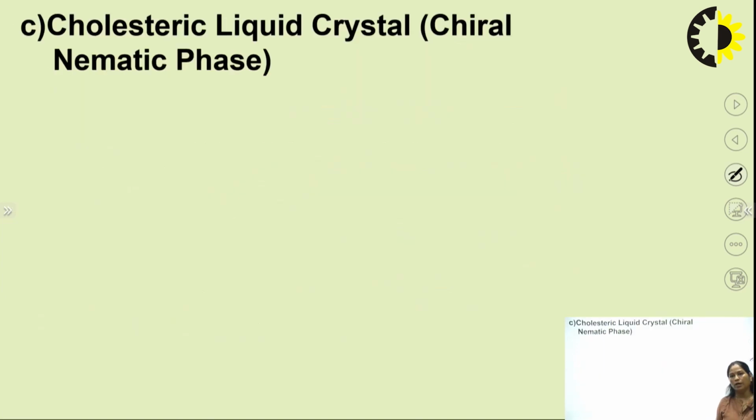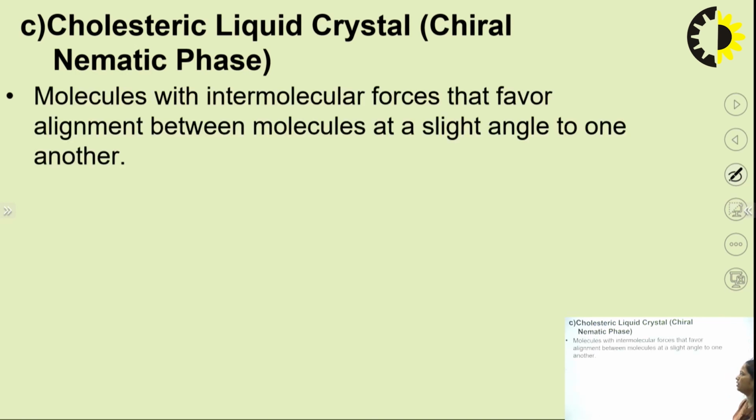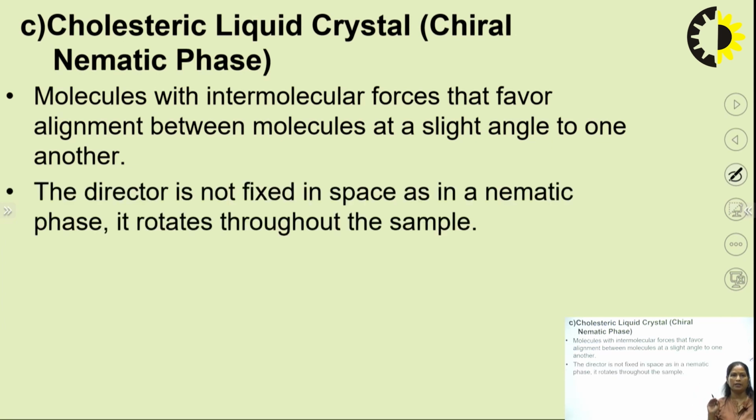Now coming to the third type of thermotropic liquid crystal, which is known as cholesteric liquid crystal. In this, molecules have high intermolecular forces which favor alignment between molecules, and the molecules in each layer are at a slight angle to one another.